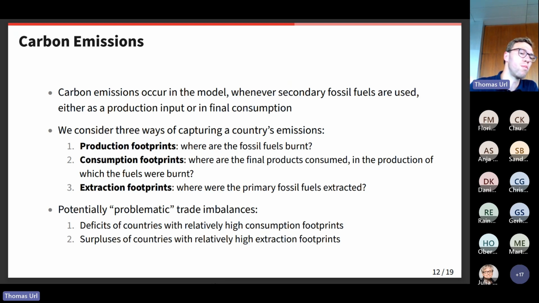But in the production footprint, you produce something here, burning fossil fuels coming from Saudi Arabia. Then it accounts on your carbon emissions that you cause because you burn it. Sure. But the third one accounts for Saudi Arabia because Saudi Arabia digs out the oil.